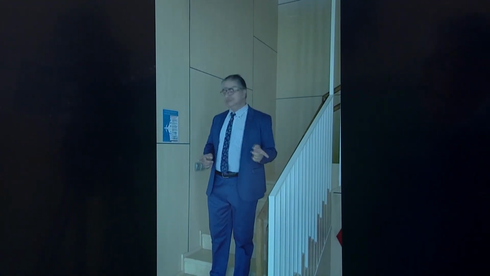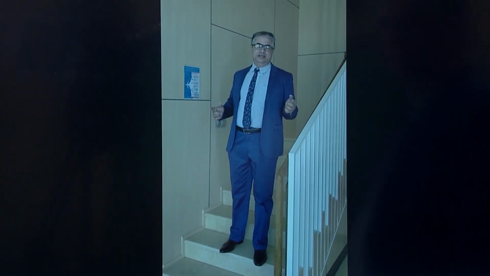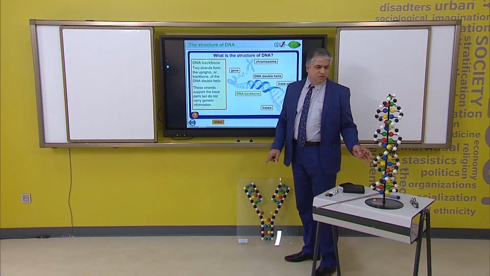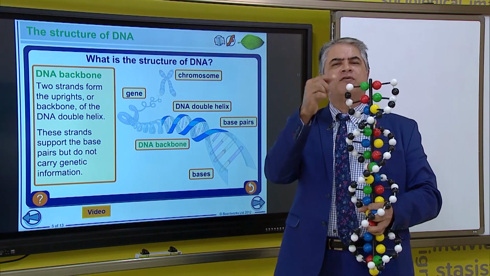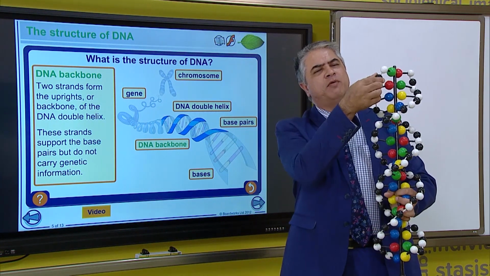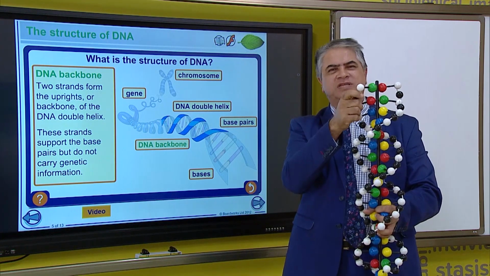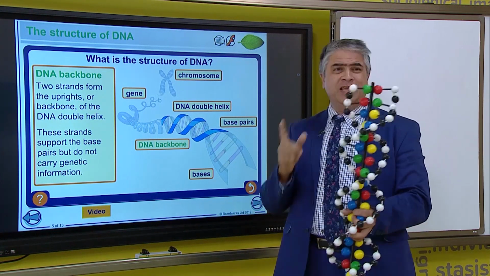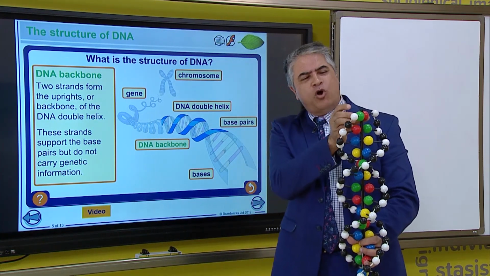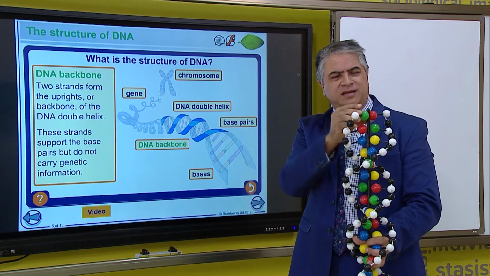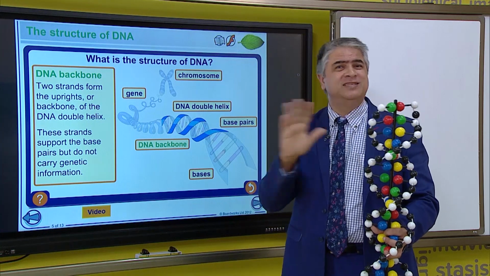And the beauty part is it has two of these backbones. It's fantastic. Okay, so this is the backbone. It's made up of sugar and phosphate. This is the backbone which keeps stability. But the important part that you need to know is that it supports the bases in this whole structure, and it doesn't have any genetic information.